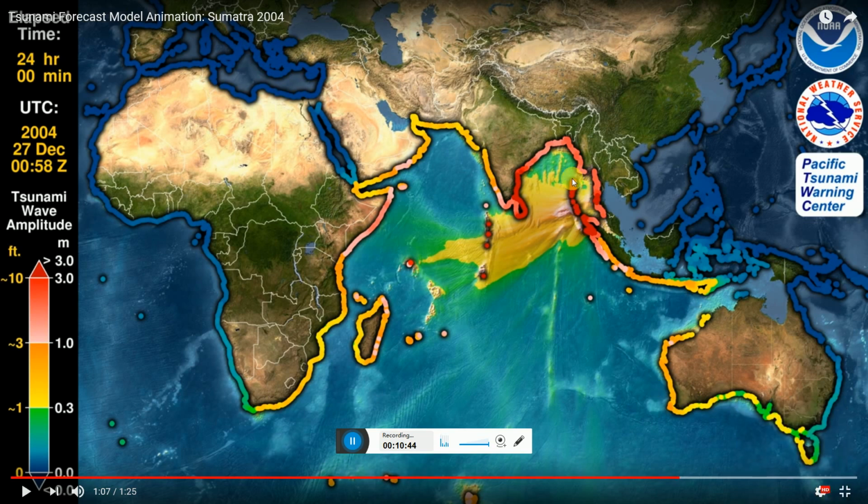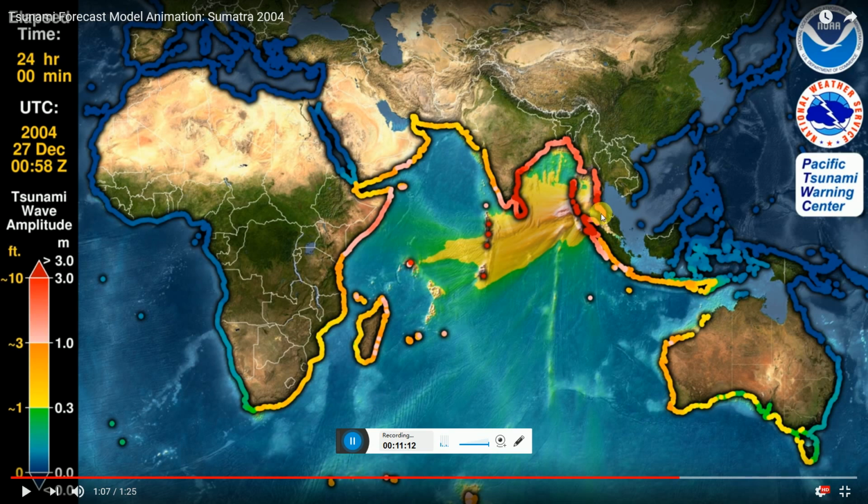The highest waves were here in northern Sumatra, what are they called, the Andaman and Nicobar Islands, where the waves reached up to 35 meters in height in some places.